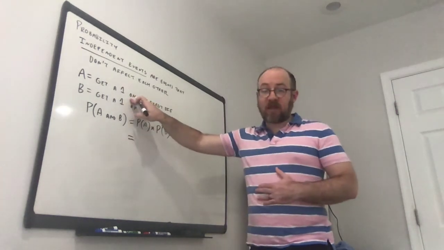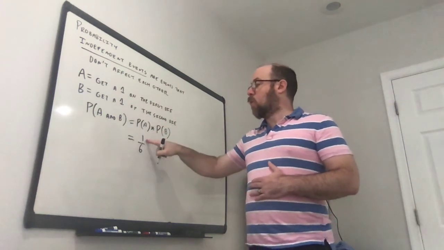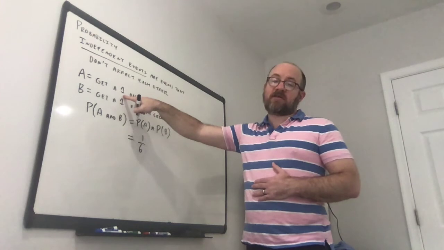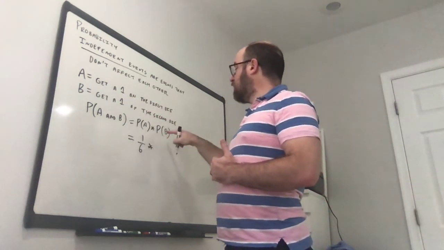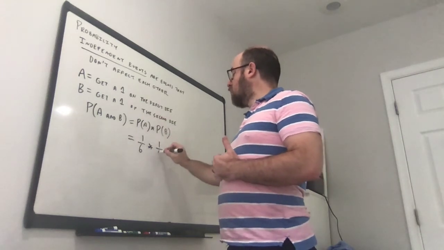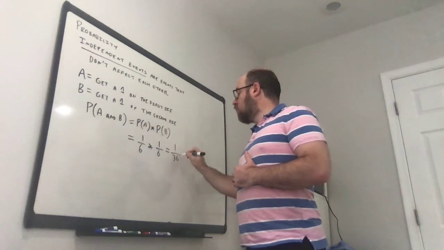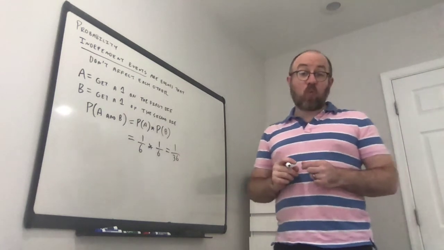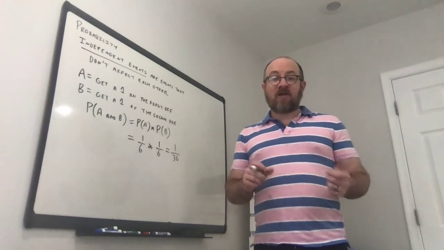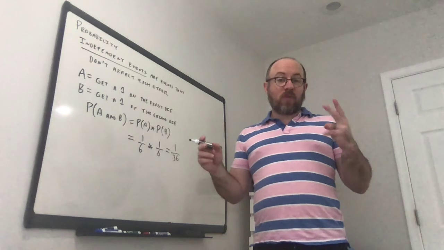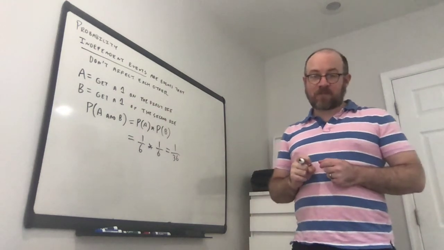So what's the probability of getting a 1 on the first die? It's 1 out of 6, right? One outcome that matches our event out of 6 possible outcomes. And the probability of getting a 1 on the second die, also 1 out of 6. So the probability of getting 1 on both of them is 1 out of 36. And if you think about what we looked at in the last video, there are 36 possible outcomes. Only one of those has a 1 on both. So this checks out. Okay?